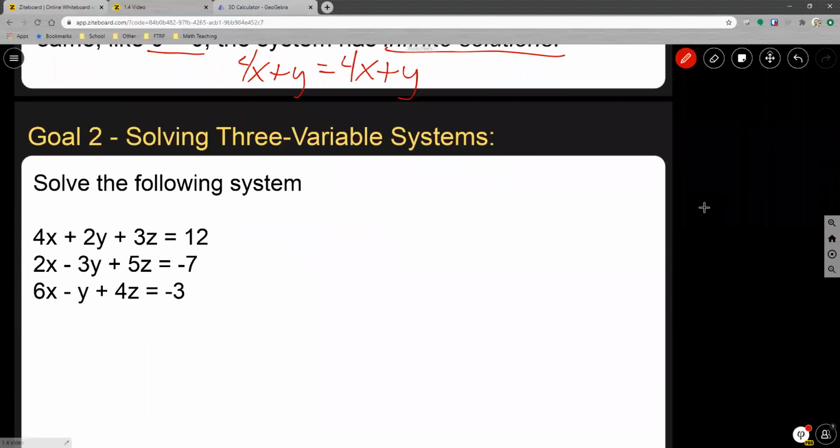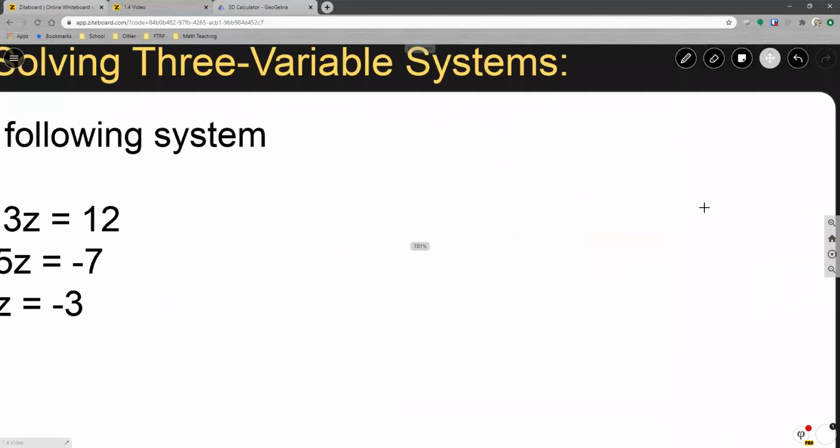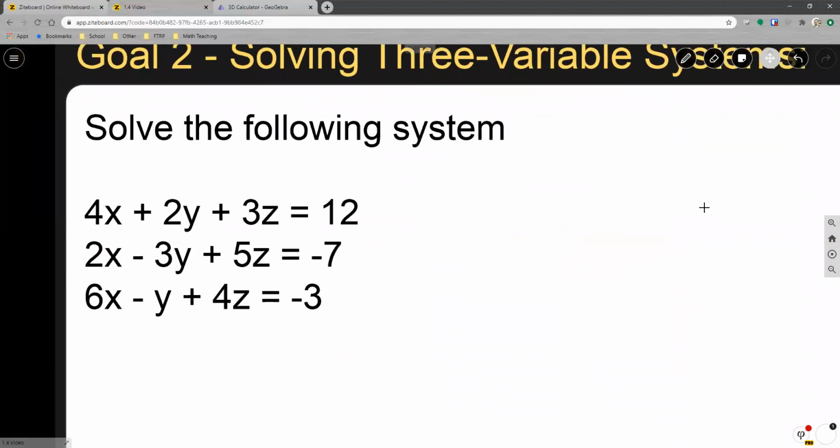So let's get into it. Let's try solving a 3-variable system. So I've got a 3-variable system of equations. That means I have 3 separate equations: equation 1, equation 2, and equation 3.